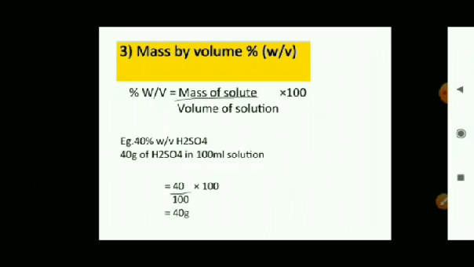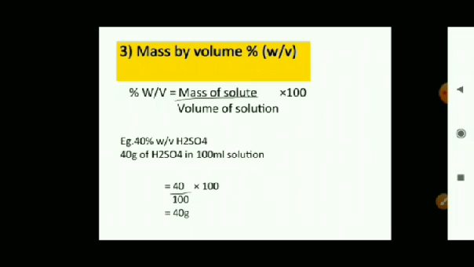Suppose 40 gram of H2SO4 is given and that is dissolved in a solvent, तो आपको solution बनाना है 100 ml के solution में. ठीक है? So 40% of H2SO4 जो है dissolve हुआ है 100 ml के solution में.